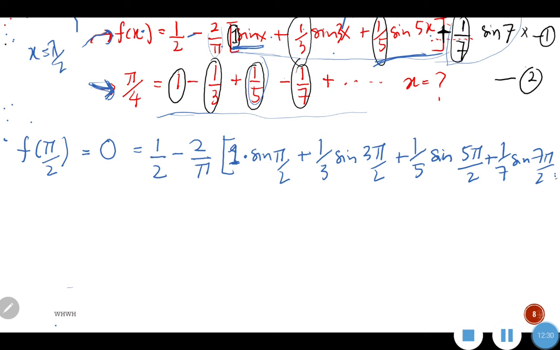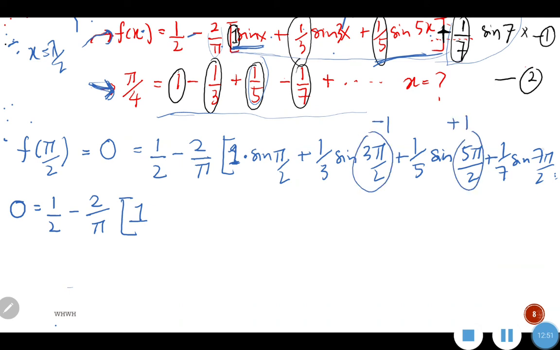Okay, titik nampak dah. Okay, so here we have 0 equals to half minus 2 over pi. Sin pi over 2 is 1 kan. And then plus 1 over 3 sin 3 pi over 2, yang ni adalah negatif 1, yang ni adalah positif 1, yang ni adalah negatif 1.